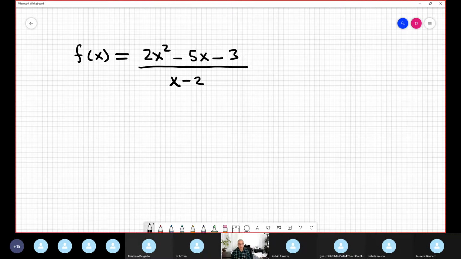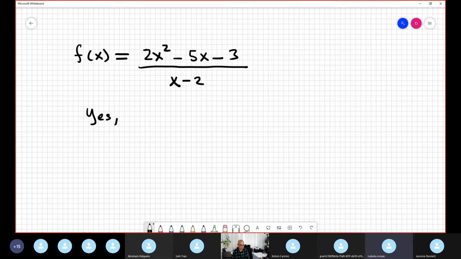We focus on the problem of the slant asymptote. Question number 1. Do we have one or no? Yes. And now complete the idea with the reason. What is the reason?